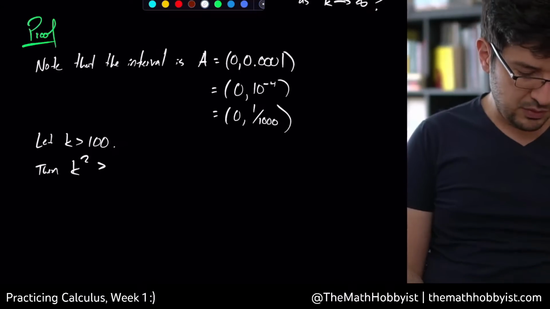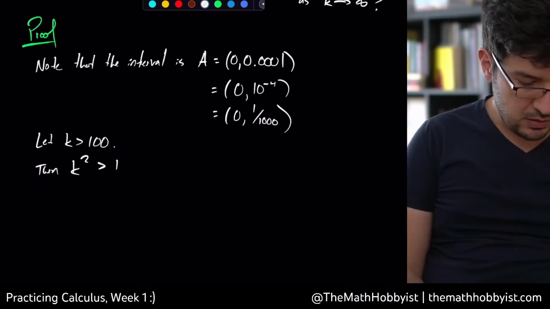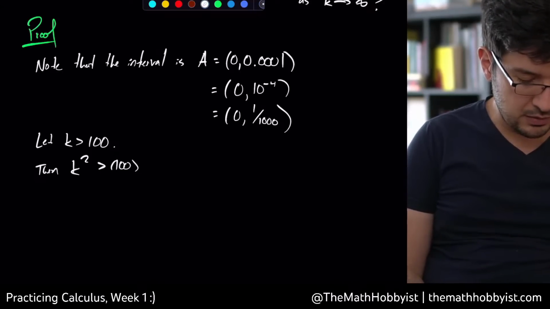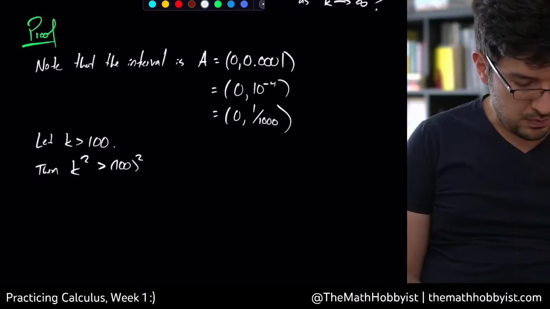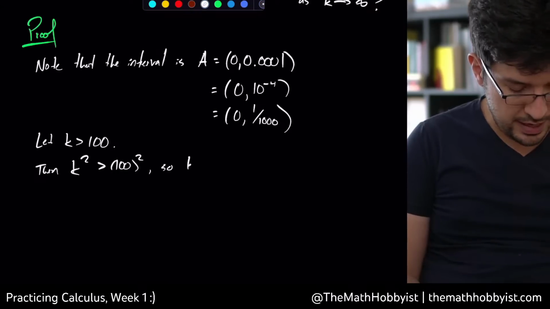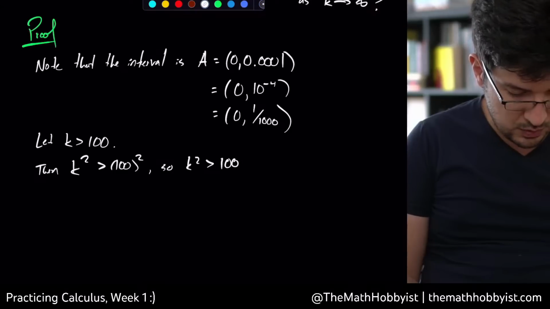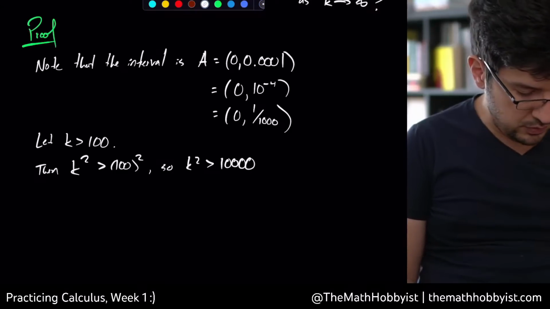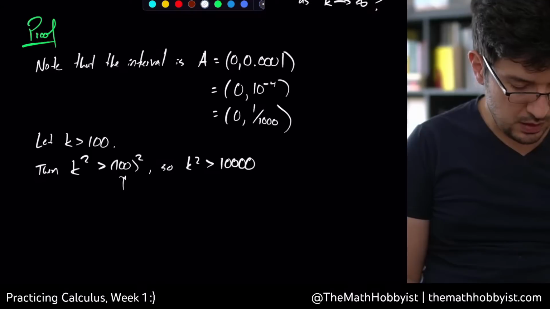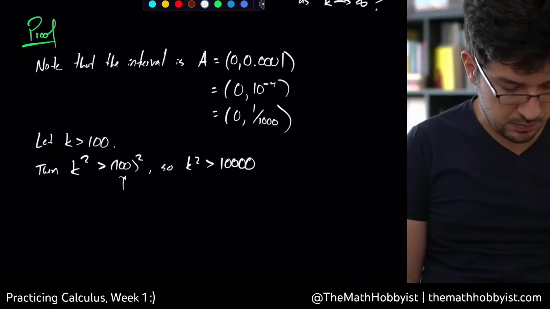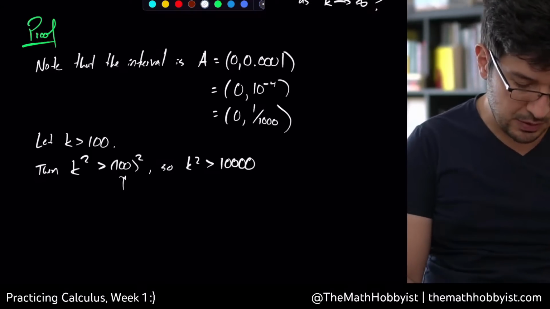Like k squared is going to be greater than 100 squared. So k squared is greater than 1 followed by 4 zeros. I can see that because you double the number of zeros.